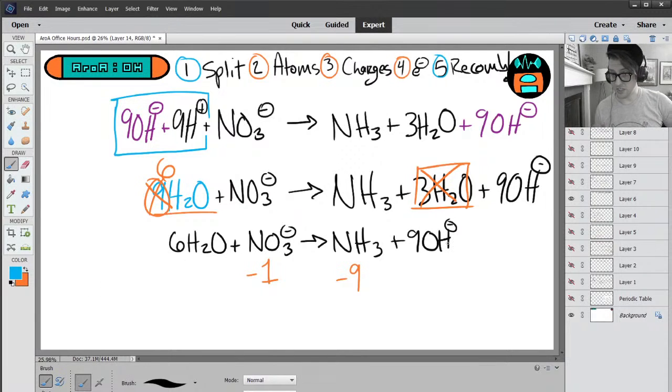We can only add electrons to balance charges, and we need to make this side more negative, so we're going to bring in 8 electrons. So we have -8 minus 1 is equal to -9. And that is atoms and charges balance for our first half reaction.